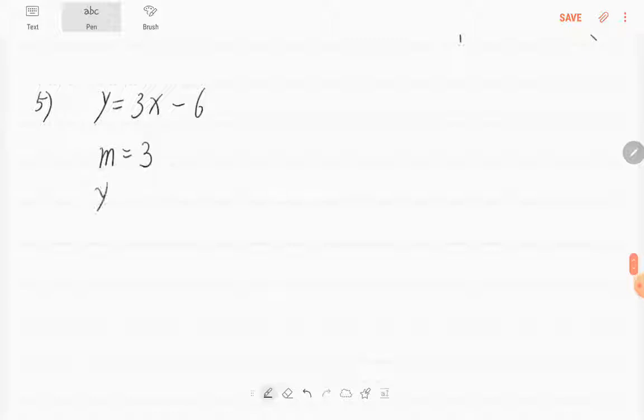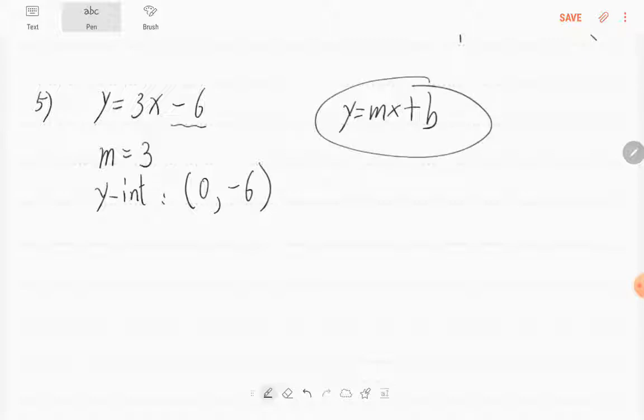And the y-intercept, which is when x equals 0, y equals negative 6. So this is the y-intercept, negative 6. Okay, we remember this is y equals mx plus b. m equals 3 and b equals negative 6. So this is the slope-intercept form.